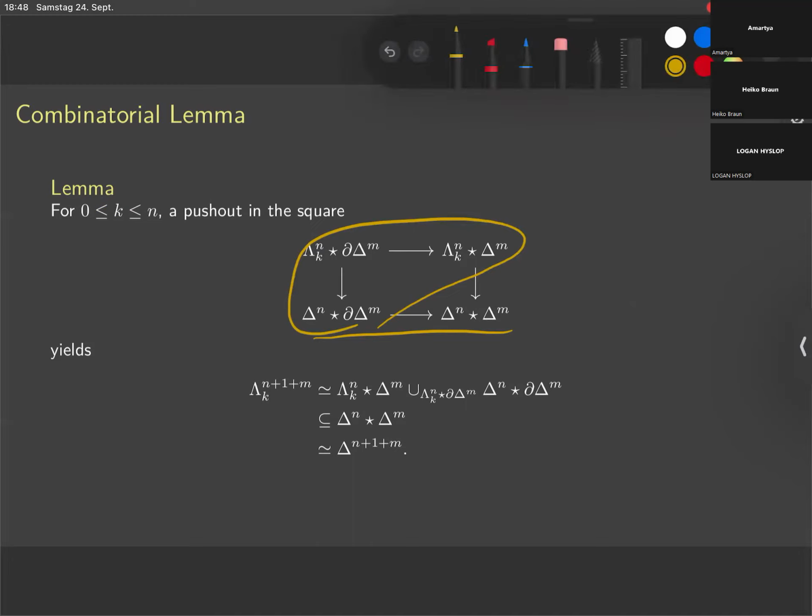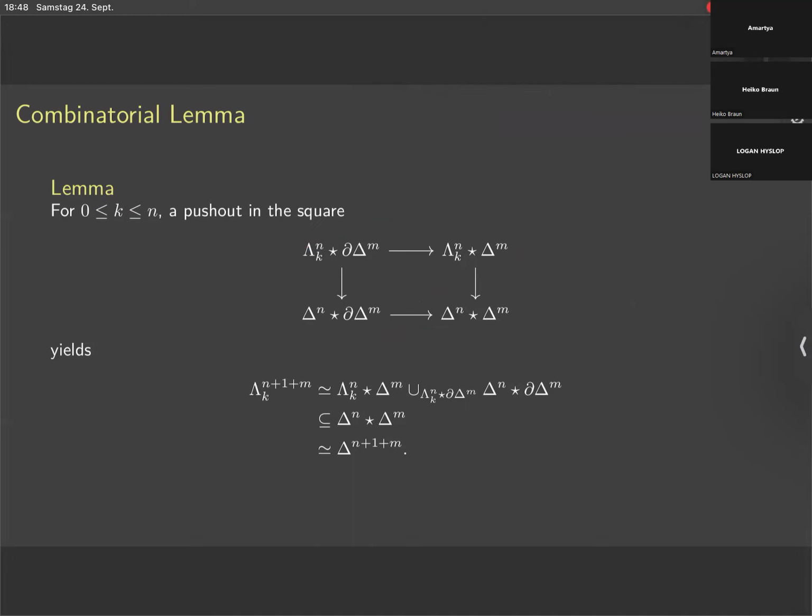The question is, what will we get? And what we get is actually a horn, namely the kth horn in the corresponding dimension. So we already know that this here is exactly an n plus 1 plus m simplex, and in there lives the kth horn, and this is what we get when we join them together.